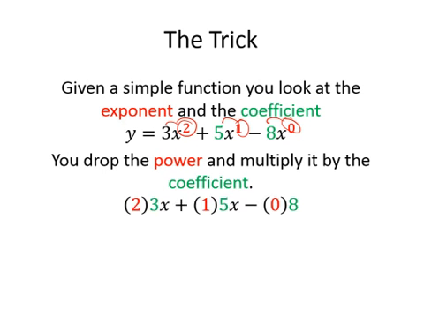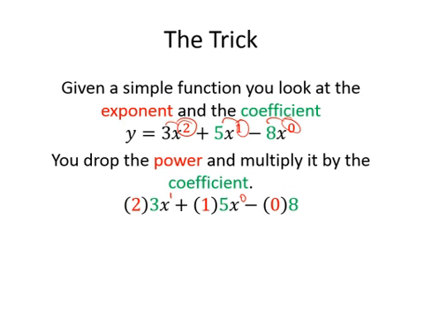Okay. And when we do that, what ends up happening is that the exponents fall by 1 also. So if we drop the 2, the exponent goes from 2 to 1.